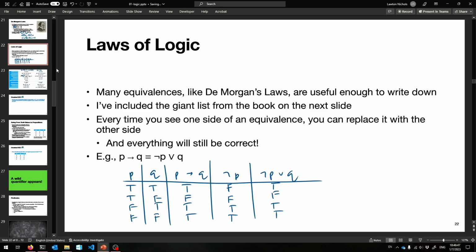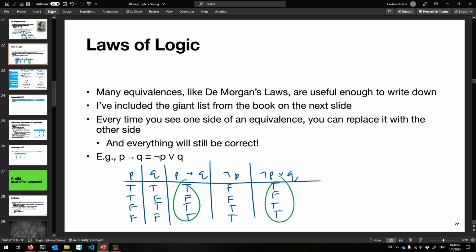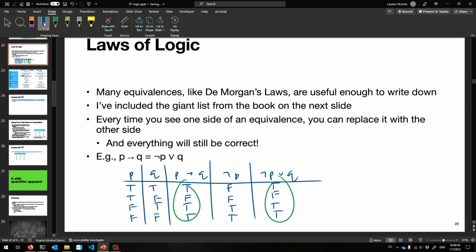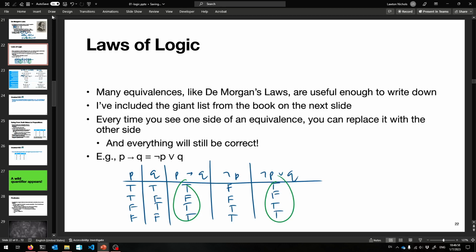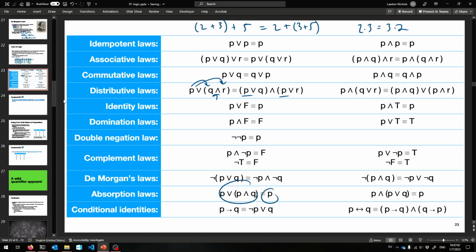And what do you know? That is the same as that. So they're equivalent and interchangeable. We've just proved that that law works, that it is a law. So with that in mind, you can just rewrite one thing to another thing, maybe simplify it.